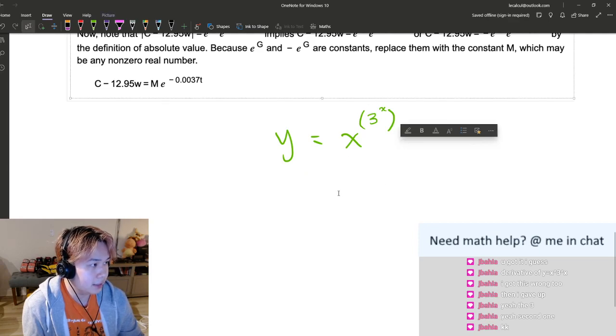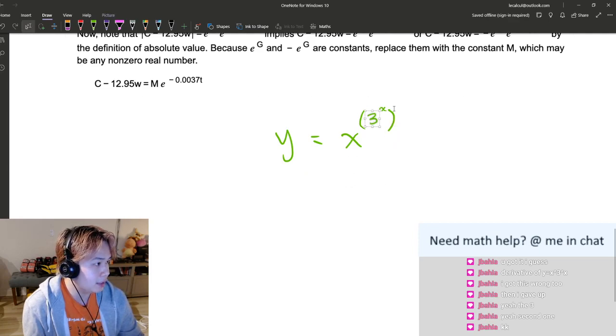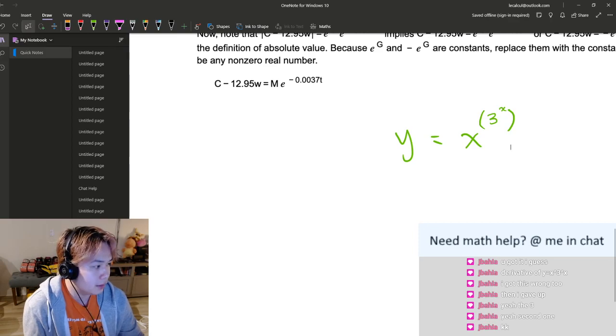And do you know how to take the derivative of something to the power of x? I feel like that's something they should have taught you, because you'll need that for the product rule.